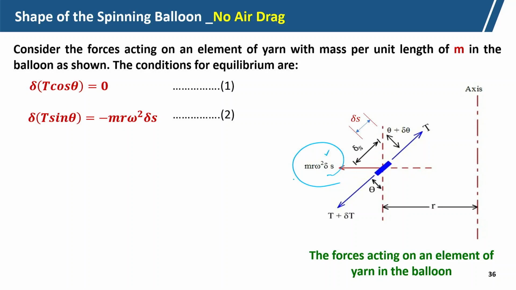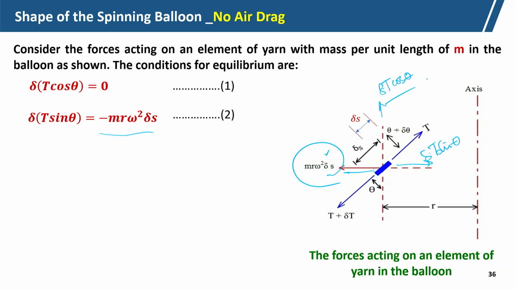So, this will be negative in the sense that this is working in this direction, then delta T sin theta will be here.